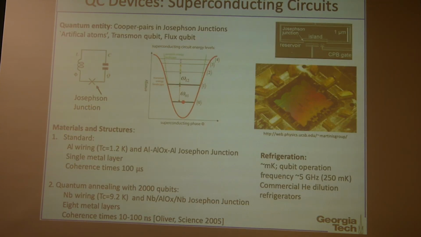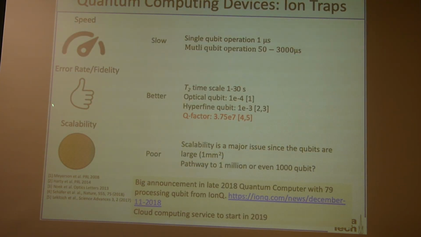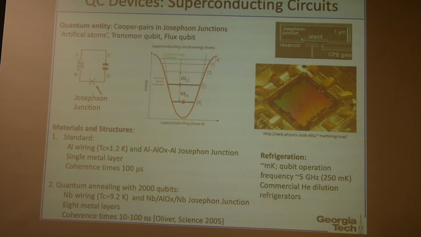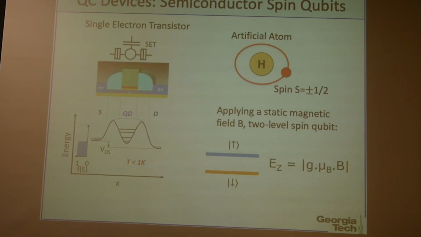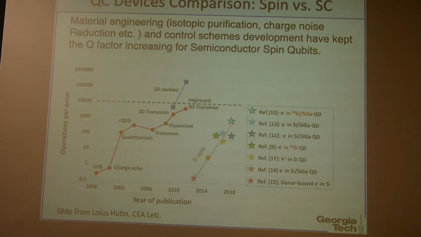On the other hand, if you think about the noise performance of ion trap qubits, they can hold the information for the order of seconds. In superconducting circuits, it can hold the quantum information probably not more than 10 nanoseconds or a microsecond or so. So that's the thing, that there are trade-offs with many of the attributes.